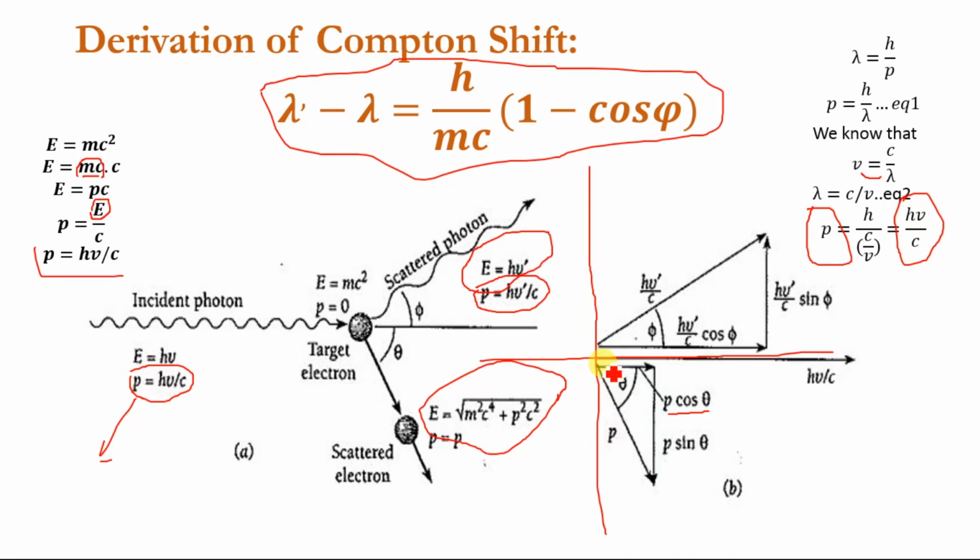But keep in mind here the θ is in the reverse direction, so we consider it as minus θ, and we know that sin(−x) is equal to −sin x. So we put here the negative sign. Now we proceed to the next slide.